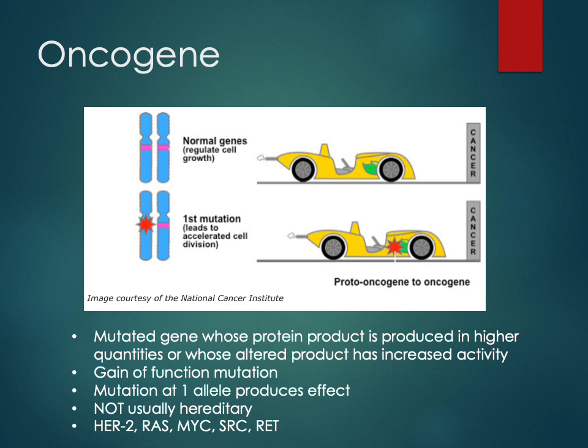Usually these are not hereditary, and that's because these are typically dominant, and you don't need two hits for this. The most common one that we talk about with GYN cancers is the HER2 oncogene, RAS as well, sort of sarcomas and whatnot. But really the most common one that you'll see on question stems is going to be HER2.